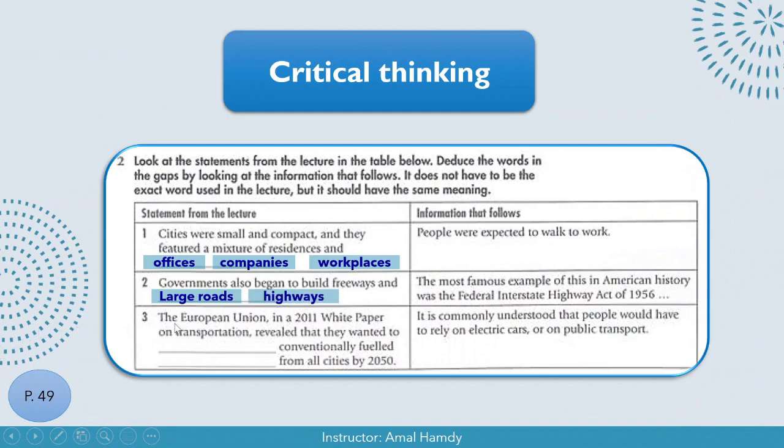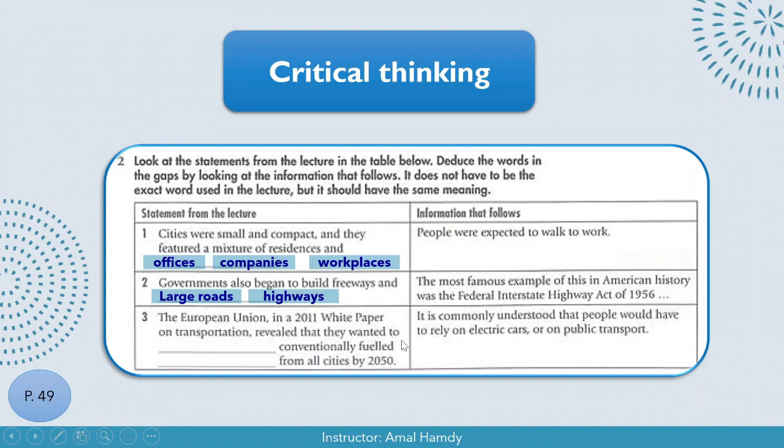And lastly, we have the European Union in a 2011 white paper on transportation revealed that they wanted to, and then there's a space, conventionally fueled, and then again another space from all cities by 2050. The information that follows is that it's commonly understood that people would have to rely on electric cars or on public transport. So the words that we are searching for, something that was conventionally fueled, and they wanted to do something about it.